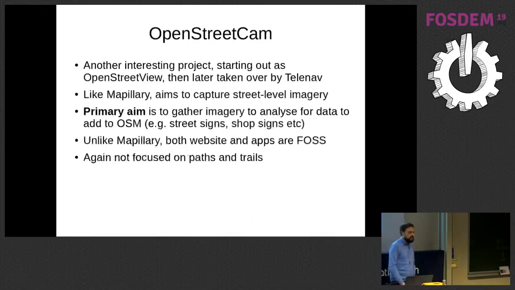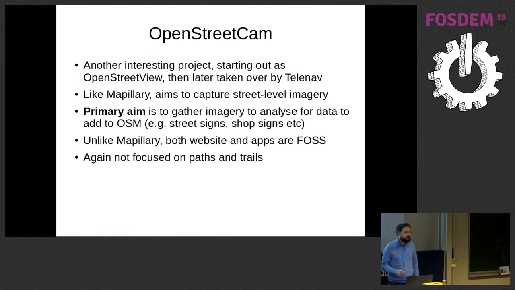Okay, the other alternative that I can see at the moment is OpenStreetCam. That's in many ways got several advantages over Mapillary. The entire platform, from what I can make out, is FOSS, so both the apps used to contribute and also the actual website. However, its focus is not really at producing an open source street view.